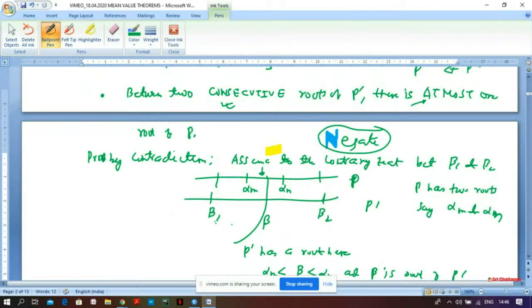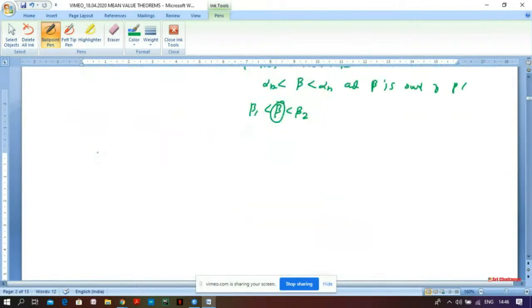Understand it very carefully. Okay, next we can say two more results. So already roots of P prime are arranged. So they are beta 1, beta 2, and then beta s.